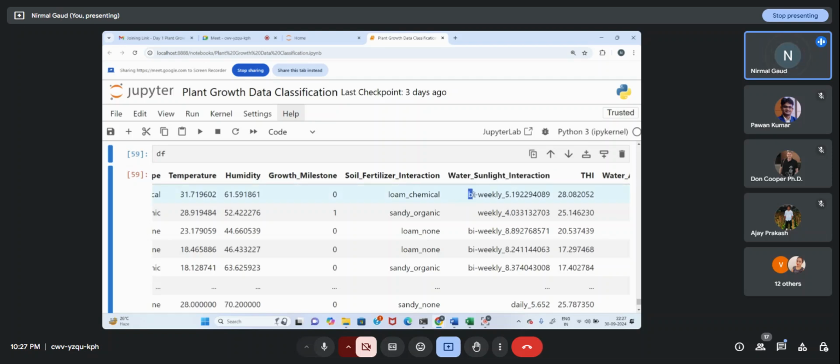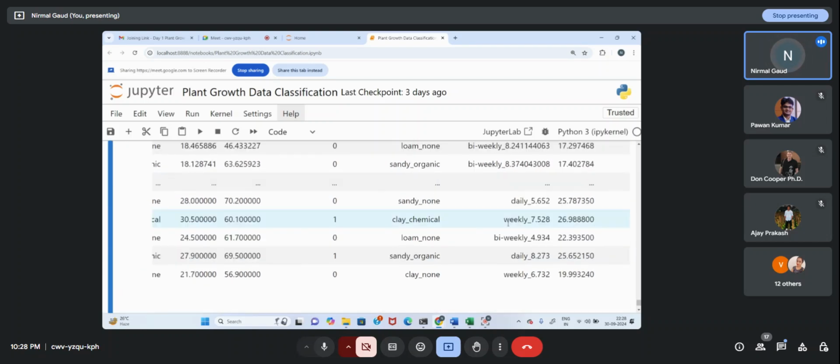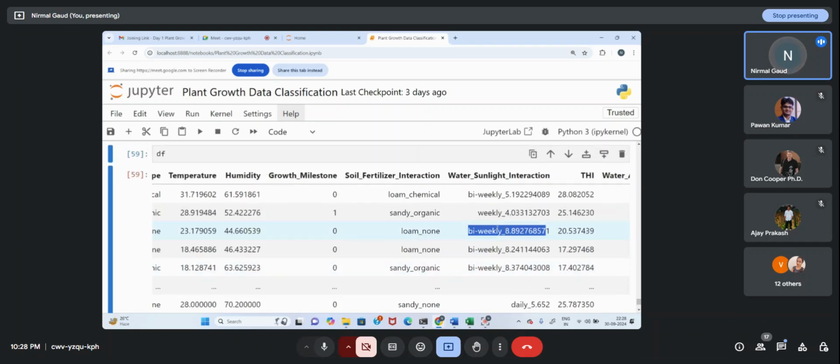So water bi-weekly, this is the sunlight interaction. Weekly, this is what. So with an underscore, I'm merging these two and creating a new feature. I just try to have some optimized data so I can understand. Here also I took two in one.